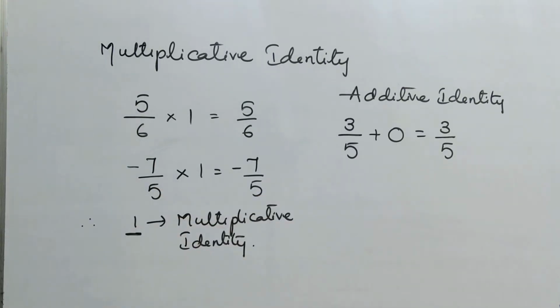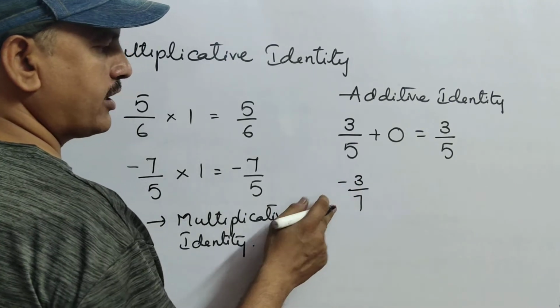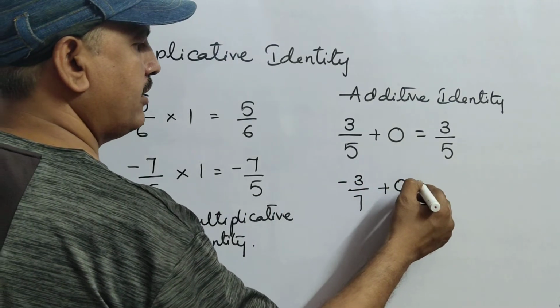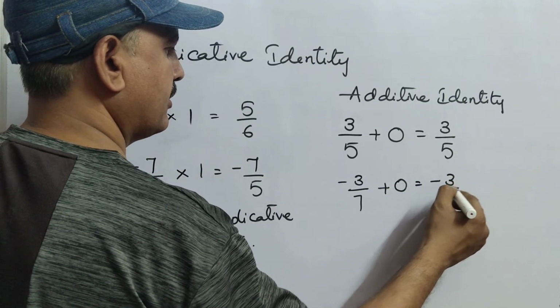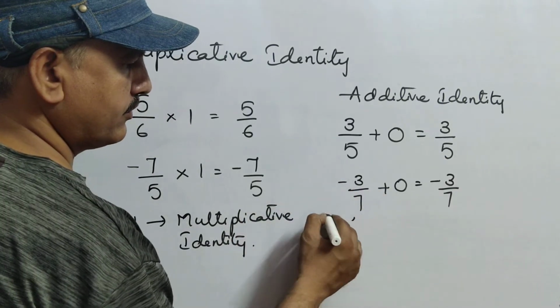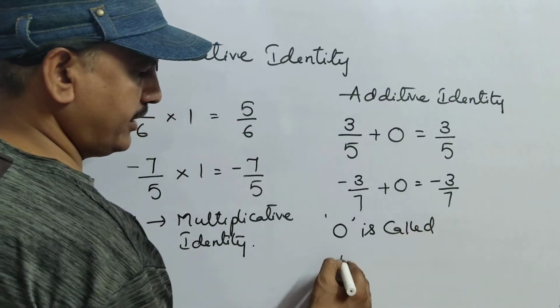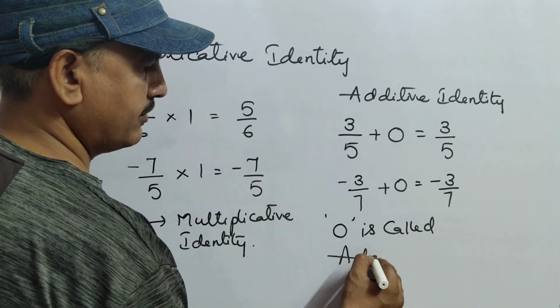That means whatever the number may be, if you add 0 to that number, you will get the same answer. Then here, what is additive identity? 0 is called additive identity. Is it clear, children?